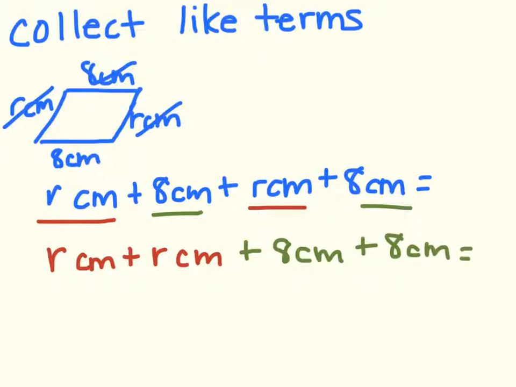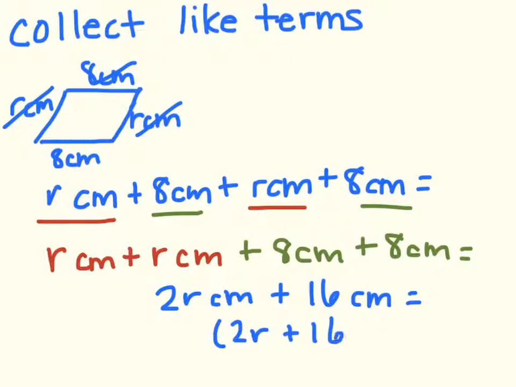Now we simplify. r centimeters plus r centimeters gives us 2r centimeters, plus 8 centimeters plus 8 centimeters gives us 16 centimeters. So our final statement is 2r plus 16 centimeters is the perimeter of our parallelogram.